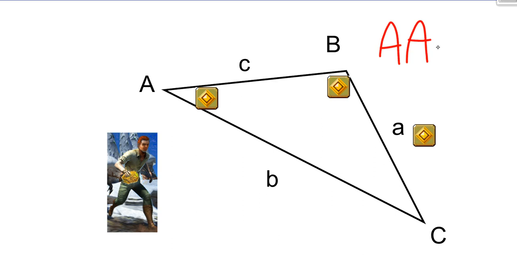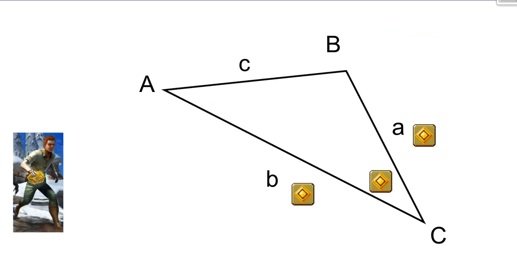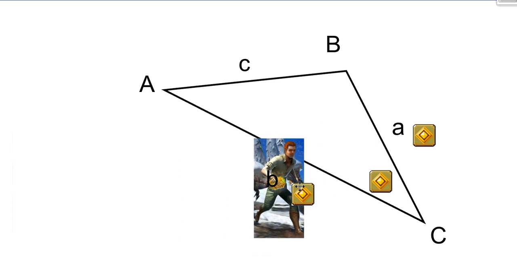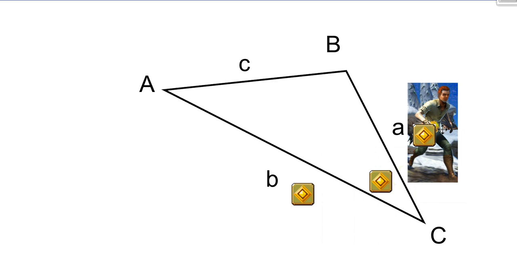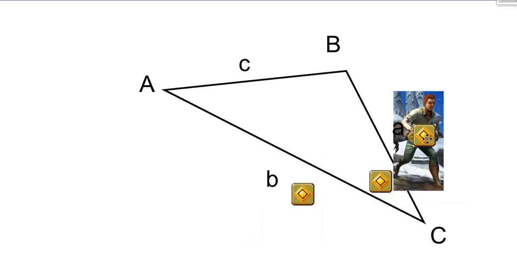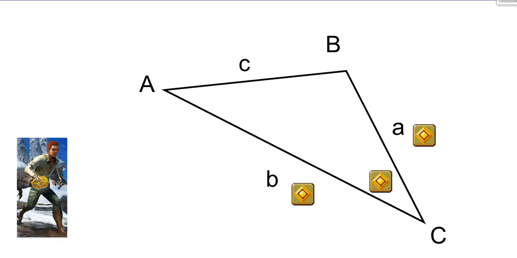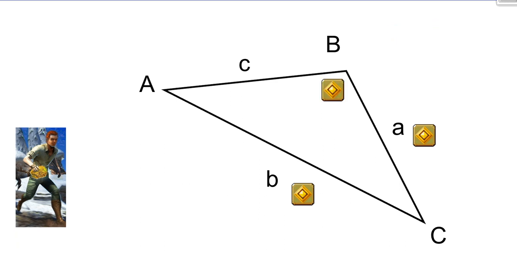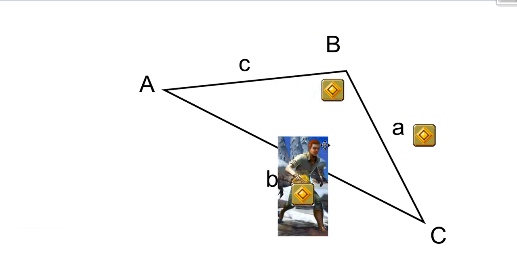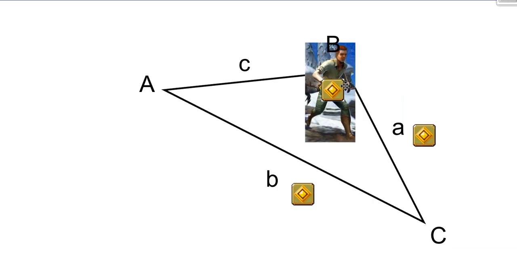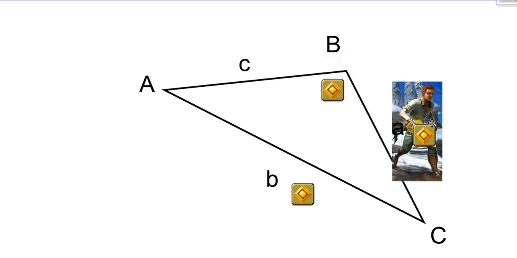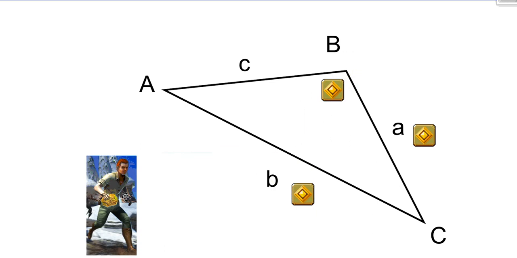Here's another one where I would go, this is a side B, angle C, side A. This looks like side, angle, side. Here's one. And it doesn't really matter where you start as long as you pick them up quickly. So if I start here, that's angle, side, side. Ooh, that's the bad one, right?